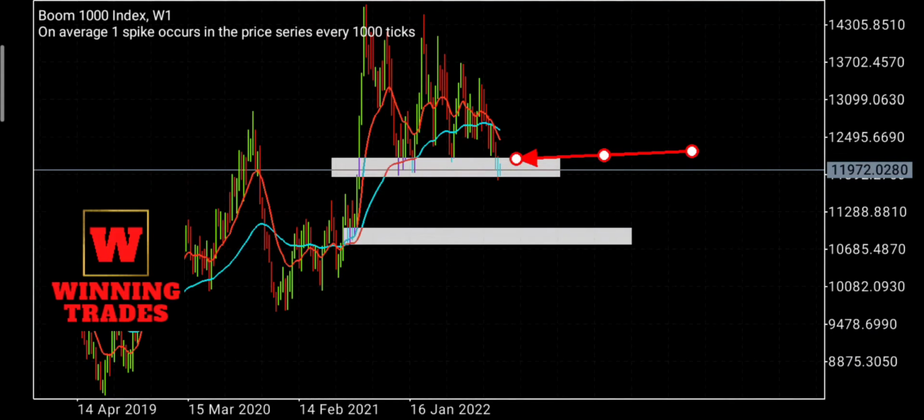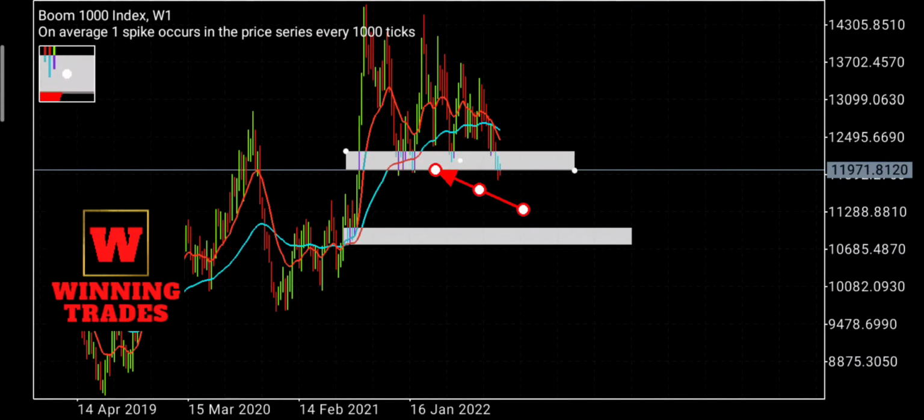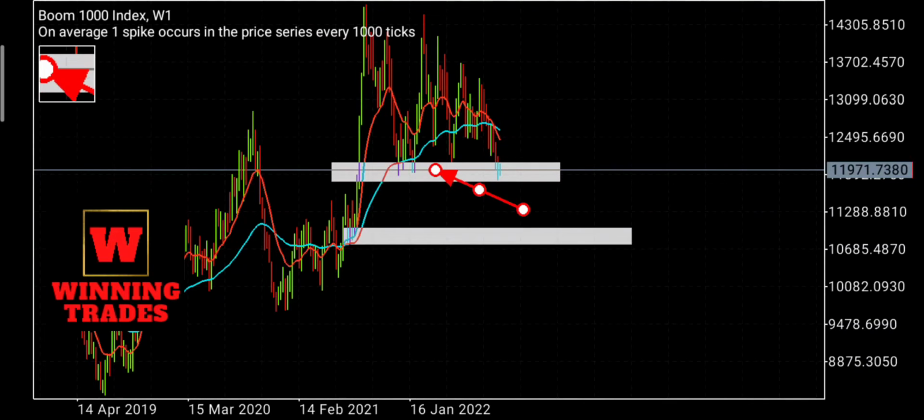It tested it here, tested it here, tested it again at this point, and it's coming again to test it at this point. So that's a very critical position.